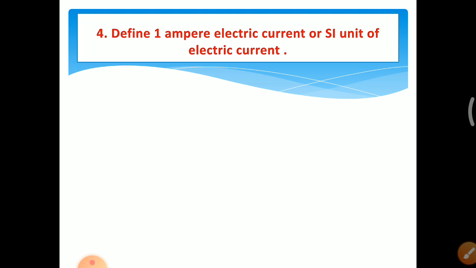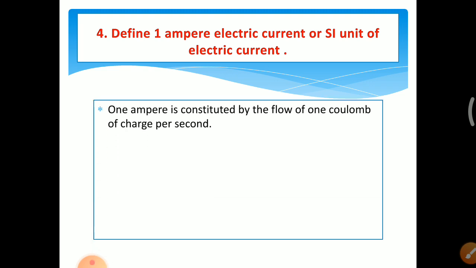The next, define 1 ampere electric current, or the SI unit of electric current. The SI unit of electric current is ampere. And it is the same as defining 1 ampere of electric current.